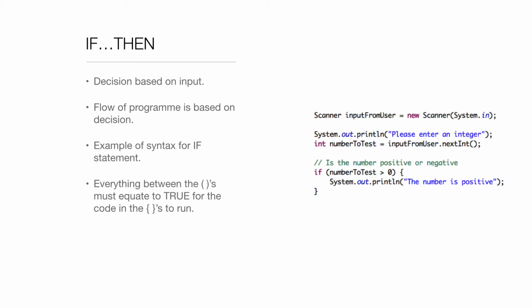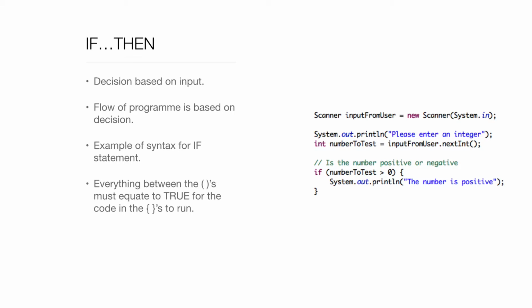But after the comment there, is the number positive or negative? It's saying if number to test is greater than 0, and then what's in between the curly brackets is saying System.out.println the number is positive. The condition for the if statement is in between the two standard brackets, before number to test and after the 0. They always have to be there.